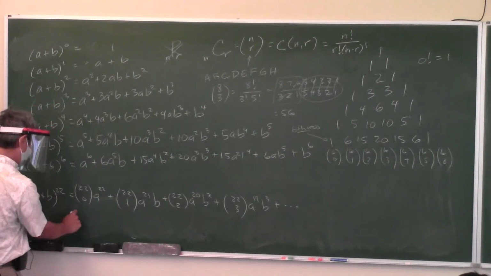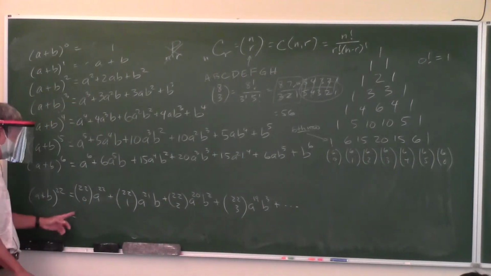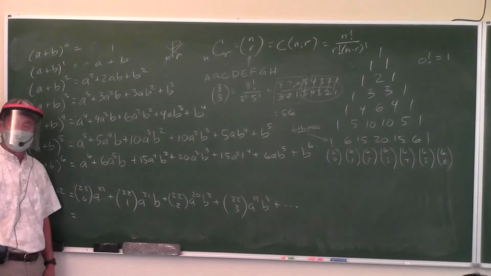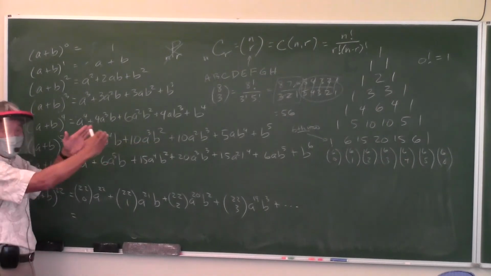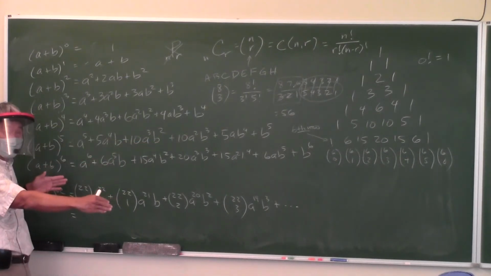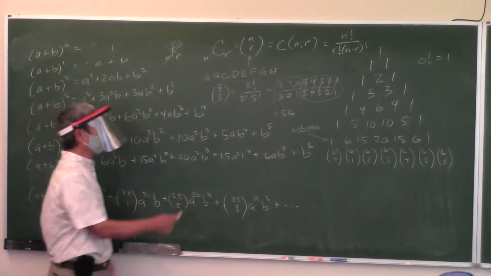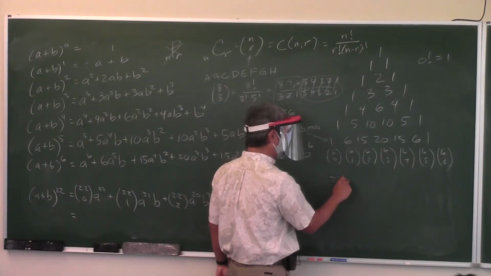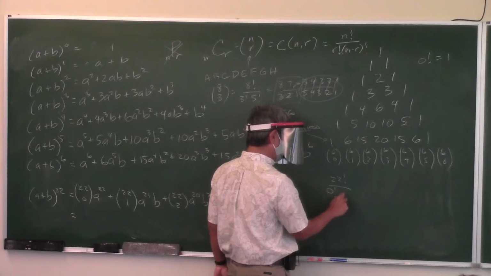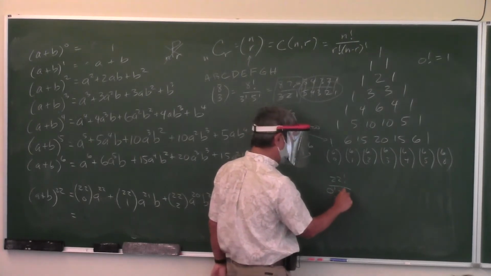Now, can you compute these numbers? Because you've got to simplify your answer. What do you think 22 choose 0 is? Well, according to Pascal's triangle, there are always 1s on the outside. And if you don't believe me, use the formula: 22 factorial over 0 factorial times 22 minus 0, which is 22 factorial.